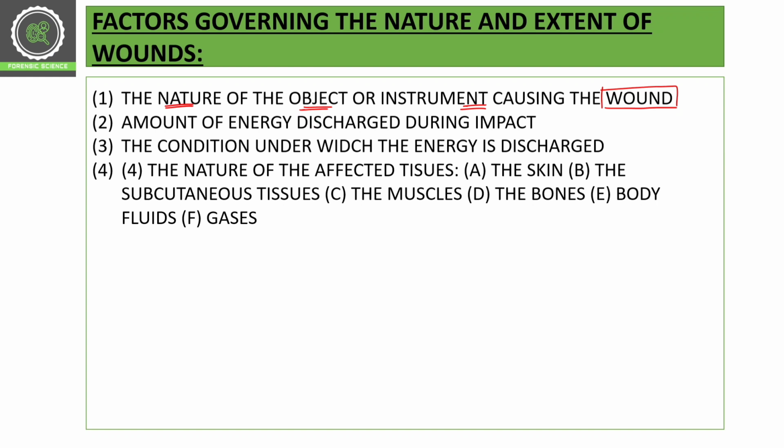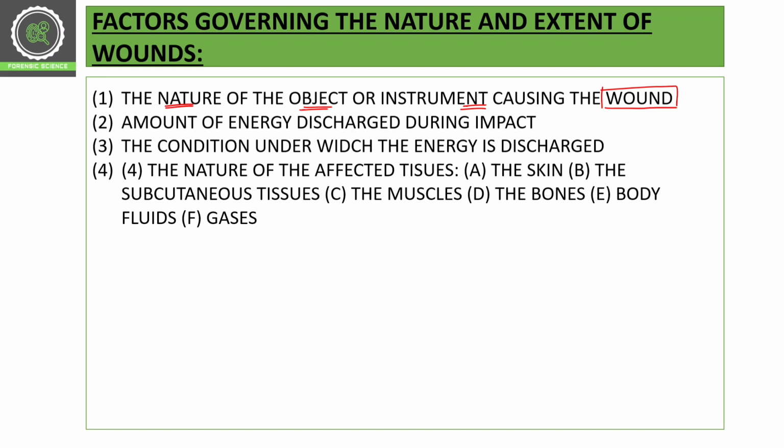For example, if I am using a gun, the bullet will be the instrument causing the particular wound. If I am using a hammer, the hammer will inflict different types of wound and apply different types of force on the skin and different tissues. Here we can use a knife as well.